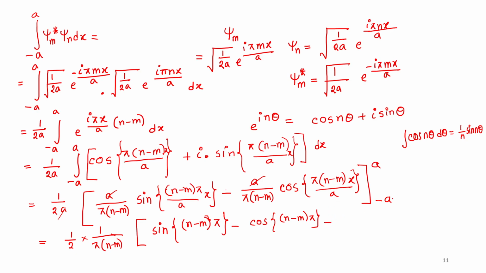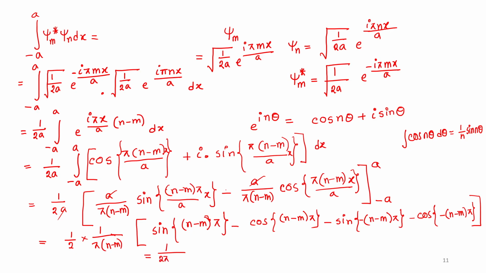Then minus, now minus a I am going to incorporate: minus sine of minus (n minus m) pi, and then minus cos of minus (n minus m) pi. My bracket is closed.